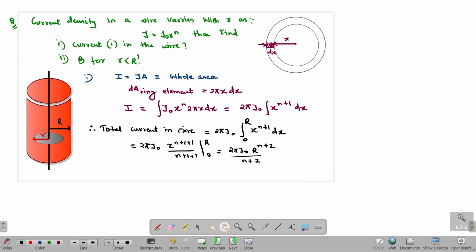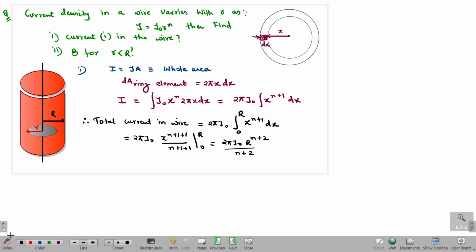In the second question, it is asking to find the magnetic field inside this, inside over here, this point, isn't it? So how to do it? Simply first find the current inside r less than capital R. It is the same equation, only the equation will change: 2 pi j naught, small r to the power of n plus 2 divided by n plus 2.